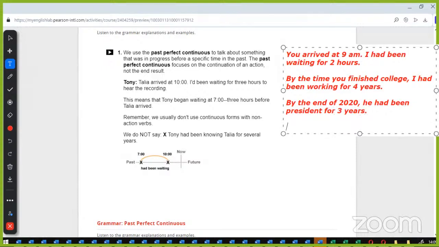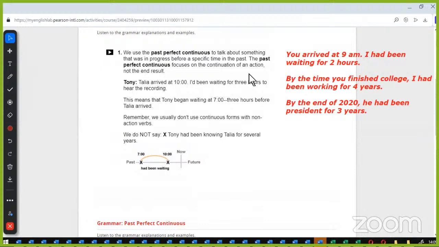Okay, so we use this to talk about something that happened in the past that was in progress before a specific time in the past. Okay, I don't know if there's any question with number one.